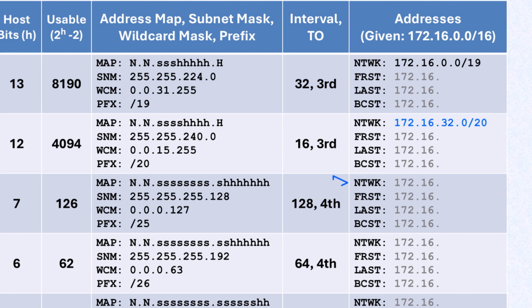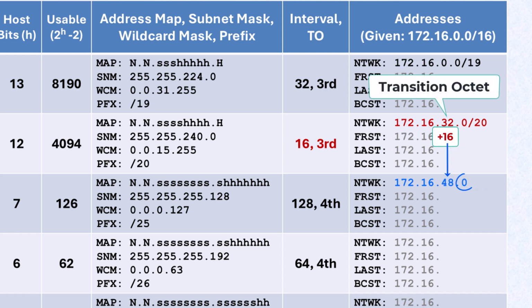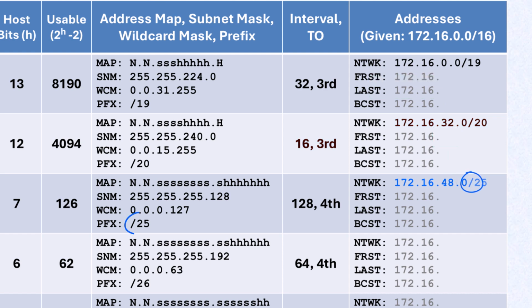Once again, to determine the third subnet ID, we need the interval, transition octet, and subnet ID of the previous subnet. Add the interval 16 to the transition octet, octet 3. Set all remaining host bits to 0. Then apply the prefix of /25.